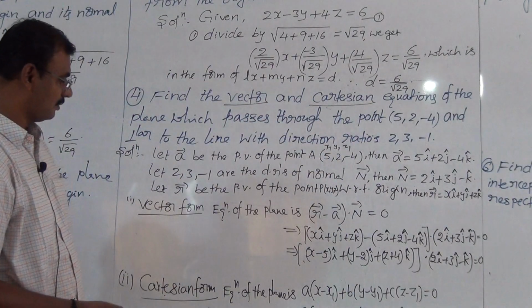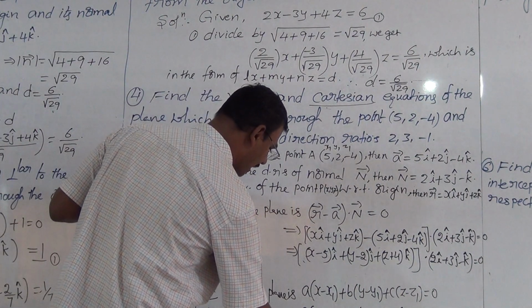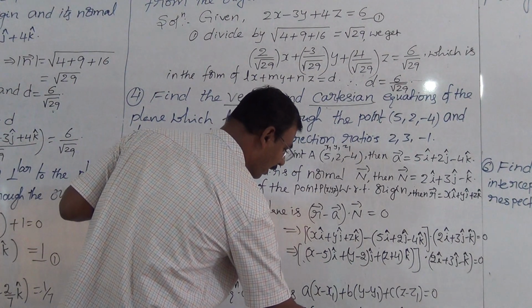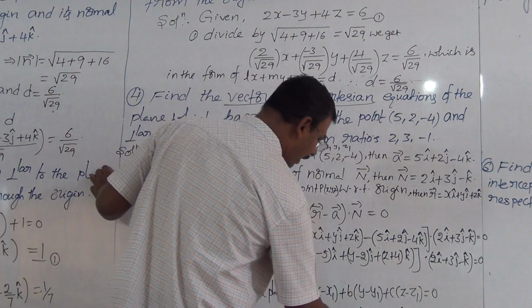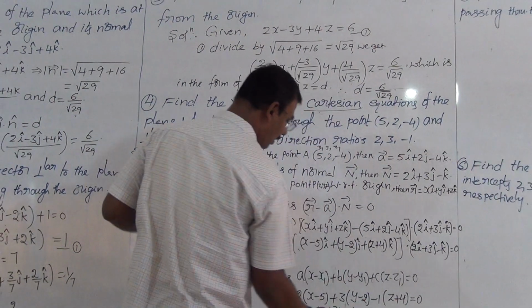Now simplify. If you multiply that, 2x minus 10 plus 3y minus 6 minus z minus 4 is equal to 0.